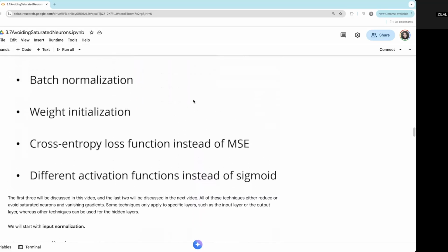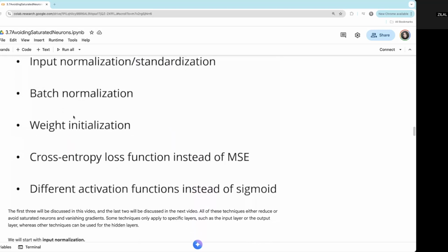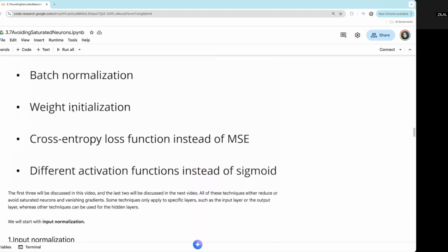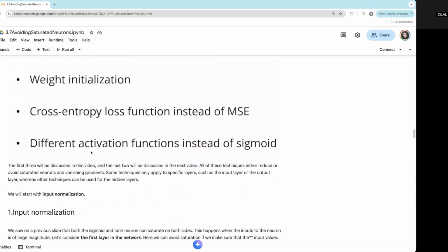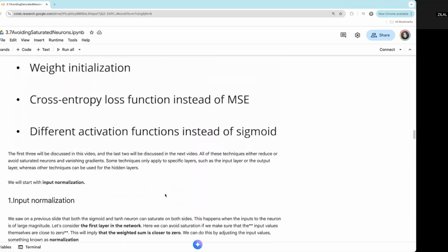The first three will be discussed in this video and the others in other videos. All of these techniques either reduce or avoid saturated neurons and vanishing gradients. Some techniques only apply to specific layers, such as the input layer or the output layer, whereas other techniques can be used for the hidden layers.